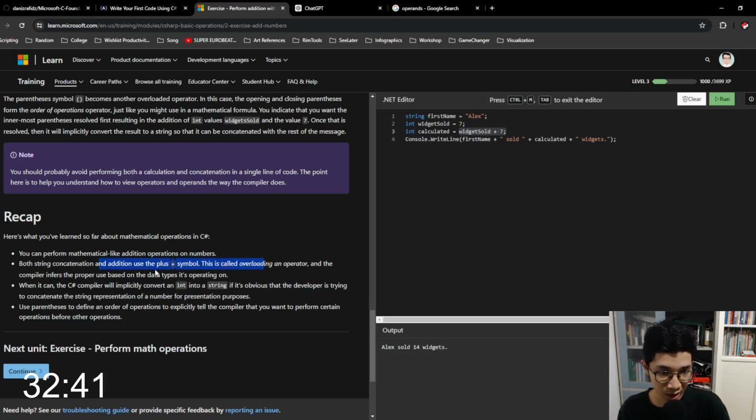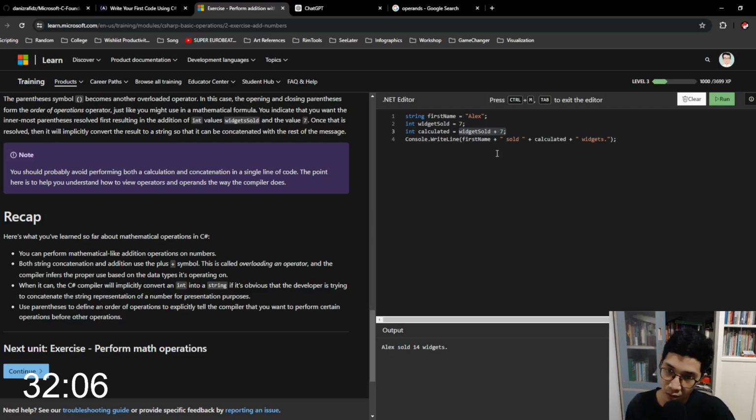So both use the plus symbol, as we already discussed. This is called overloading an operator, and the compiler infers the proper use based on the data types it's operating on. The third point is when it can, the C# compiler will implicitly convert an integer into a string, if it's obvious that the developer is trying to concatenate the string representation of a number for presentation purposes.